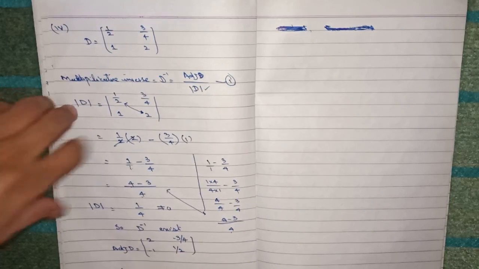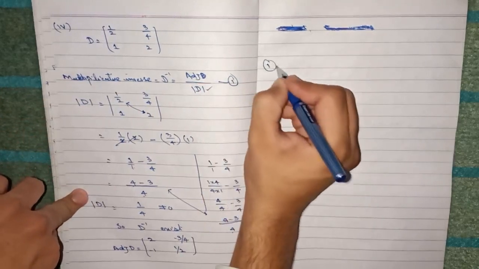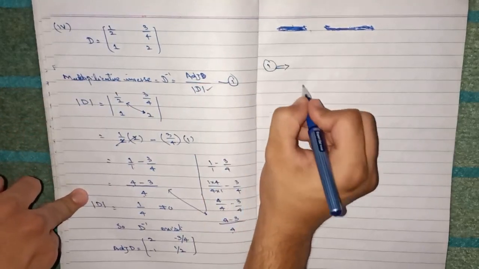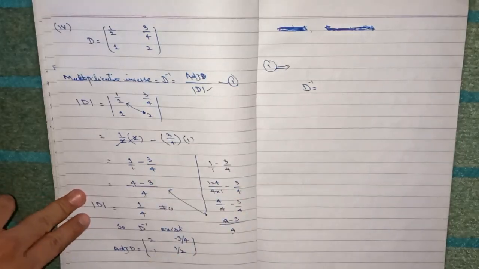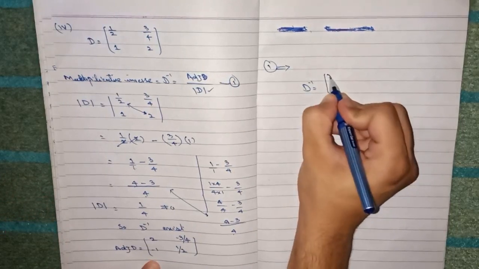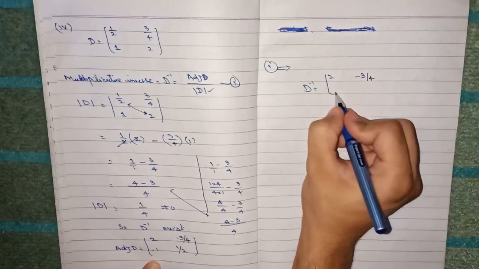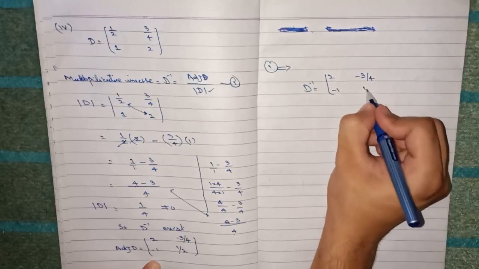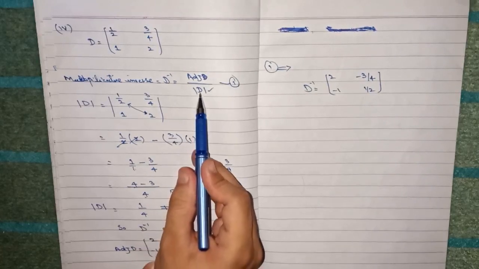Now put the values in equation 1, or you may write that D inverse is equal to the adjoint of D. What is the value of the adjoint of D? 1 by 2, minus 3 over 4, minus 1 and 2. And what is the value of the determinant of D?